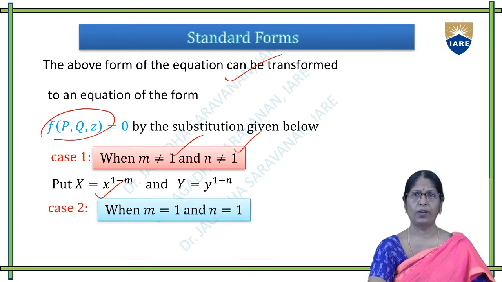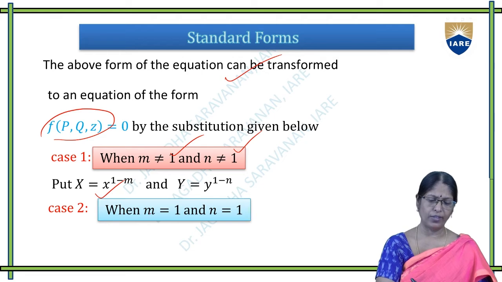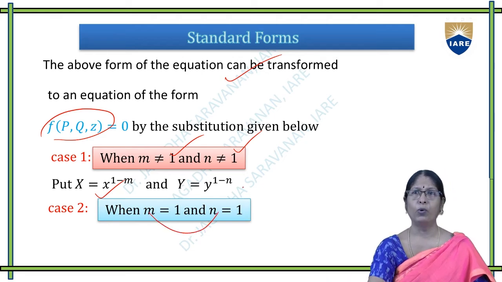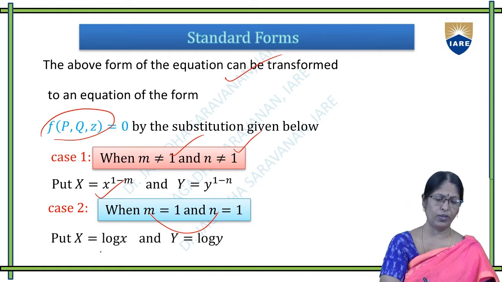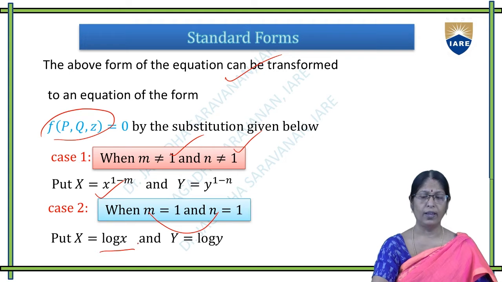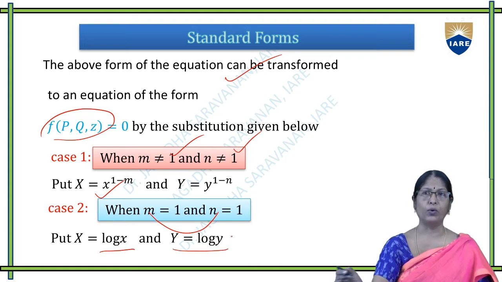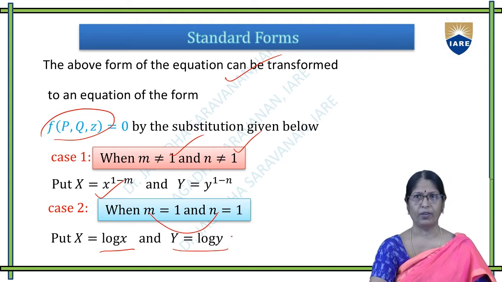Case 2: if m and n are both equal to 1, then we have to assume capital X equal to log x, capital Y equal to log y. Taking these assumptions, we have to solve.